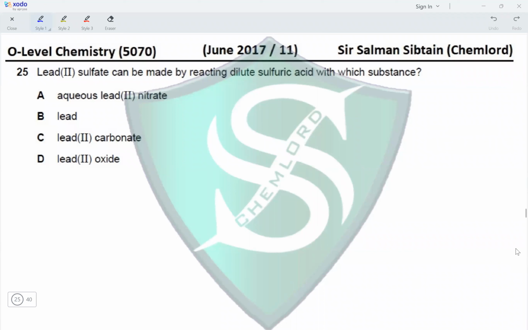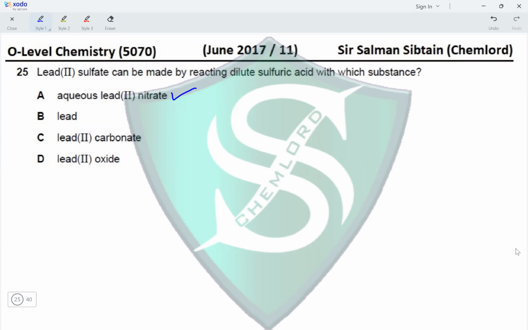Question 25. Lead(II) sulfate can be made by reacting dilute sulfuric acid with which substance? So we are forming an insoluble salt. So an insoluble salt is formed on reaction of acid with a soluble salt. So option A has aqueous lead nitrate. Lead nitrate is soluble. Option B has lead. Lead is a metal.